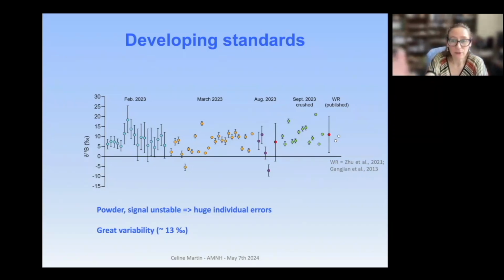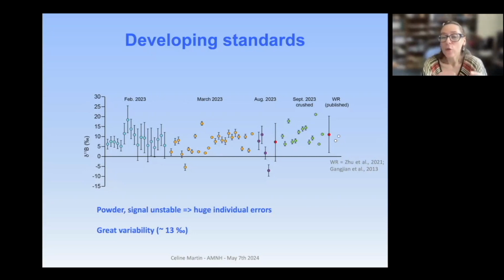Even individually, we have a lot of fluctuation, as the 2 sigma is 13 per mil, which is gigantic. So the average on the powder sold as is, is the red point below, August 2023.